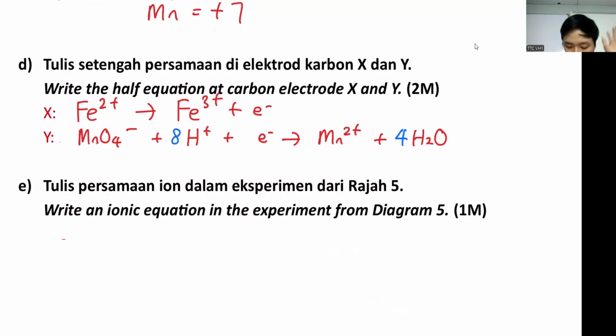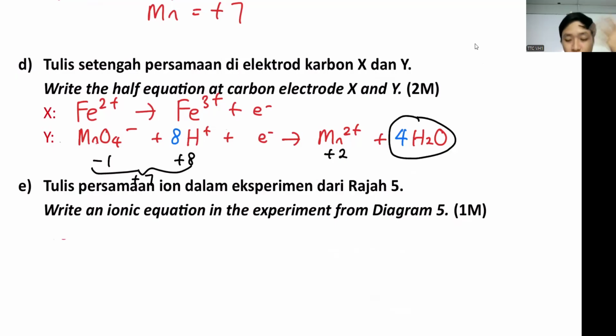The charge, okay, the overall for this is -1. Here originally is +1, but since you got 8, you got +8. The overall is +7. Here, Mn is +2. Water has no charge, neutral, so 0.